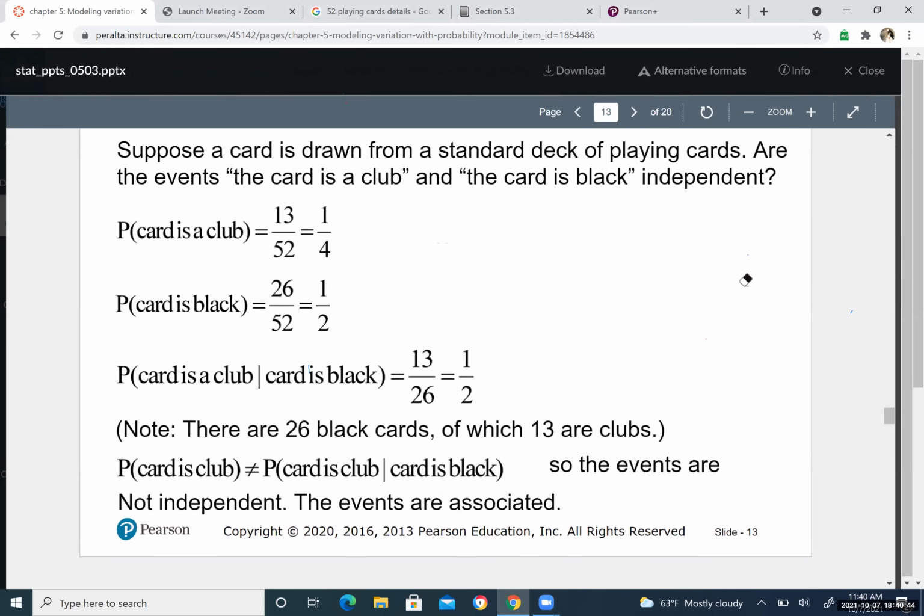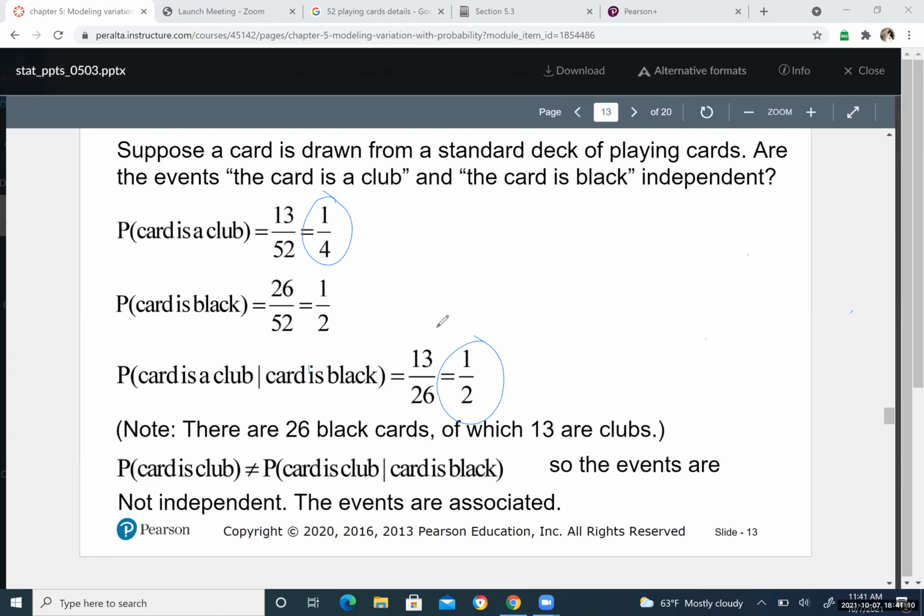So here, in the example you gave, because 1/4 does not equal half, they're not independent. Okay, because if it had been half equals half, such as a red card or something, then it would be independent. Yeah.